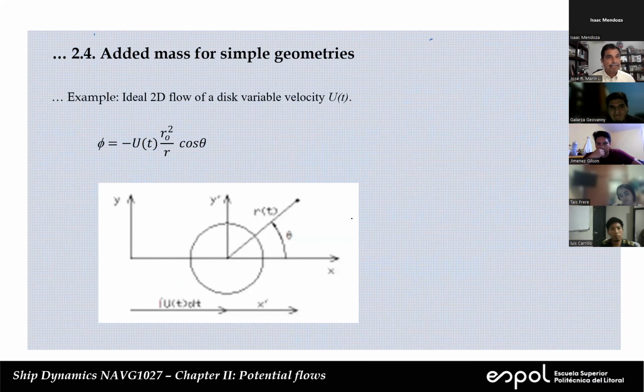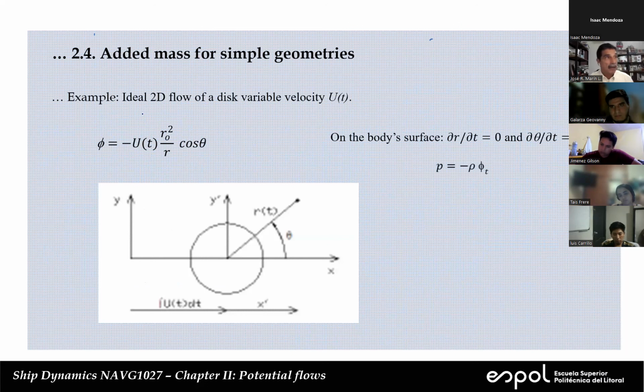Okay? So we have everything. And before that, we could evaluate the pressure in any point in the fluid. But of course, we are interested in the pressure on the surface of the body.